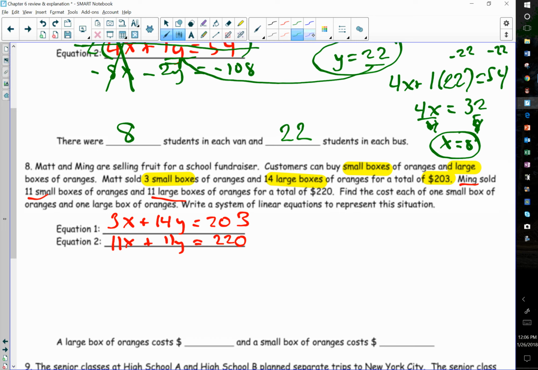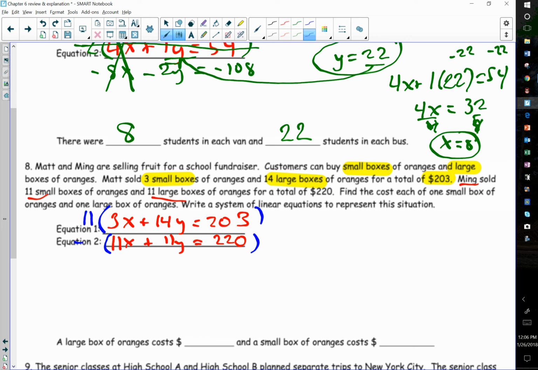So looking at these two equations, probably the best way to solve this would be to get rid of the x coordinate and find a common multiple between 3 and 11, which would be 33. So I'm going to multiply the top equation by 11. 11 times 3 is 33.